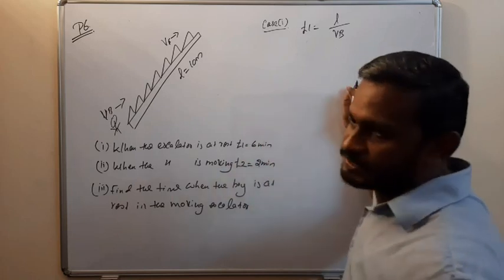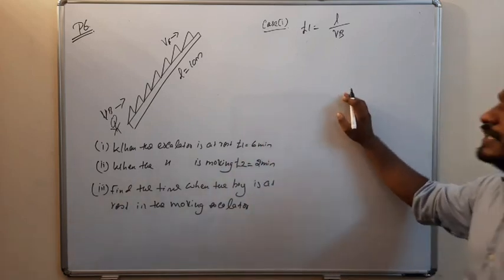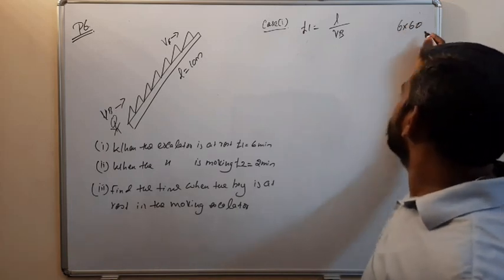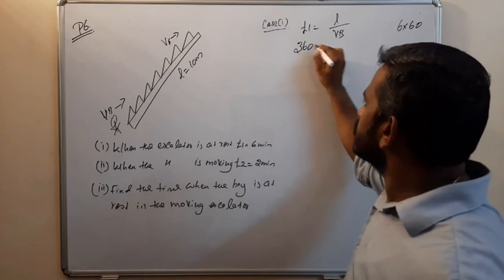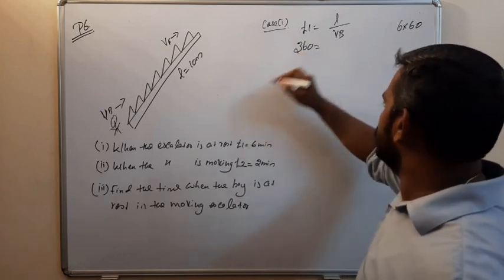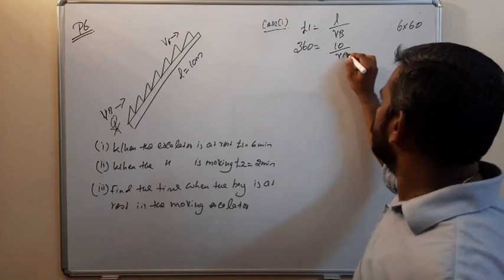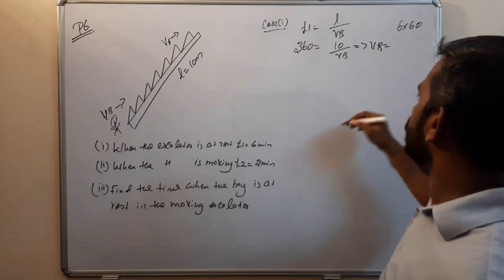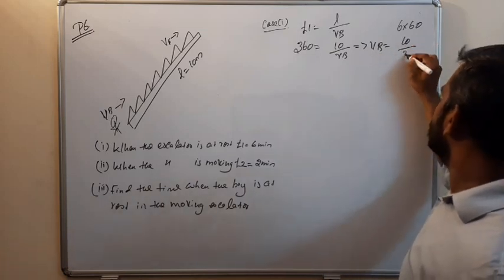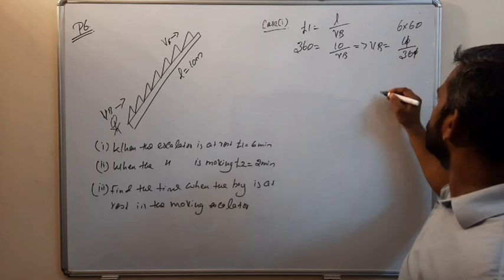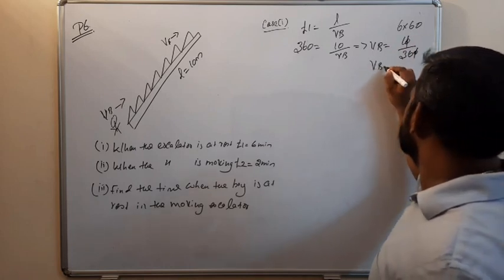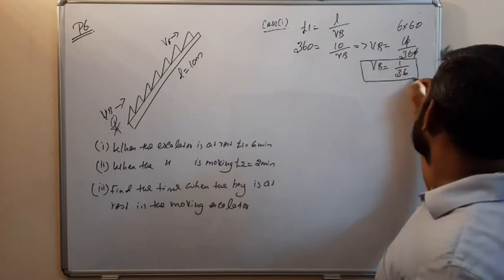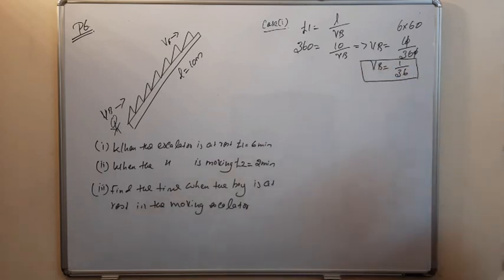T1 is 6 minutes, and when we convert it into seconds, that is 6 into 60, that is 360, equal to L by VB. So that implies VB is equal to 10 divided by 360. So VB is equal to 1 by 36. Velocity of the boy is equal to 1 by 36.